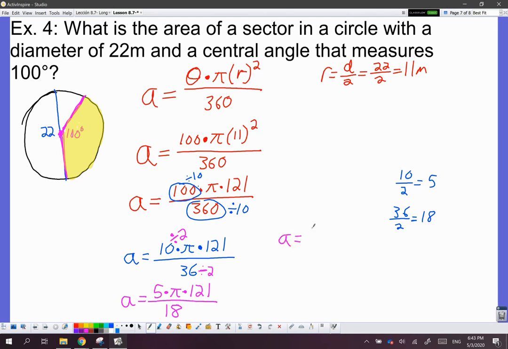I did this beforehand, so I don't have to switch over to the calculator and waste time and make this video longer than it should be. And then I have that over 18. So I have 605 from 5 times 121. I bring the pi back in, and then I have over 18. So that is my exact form.